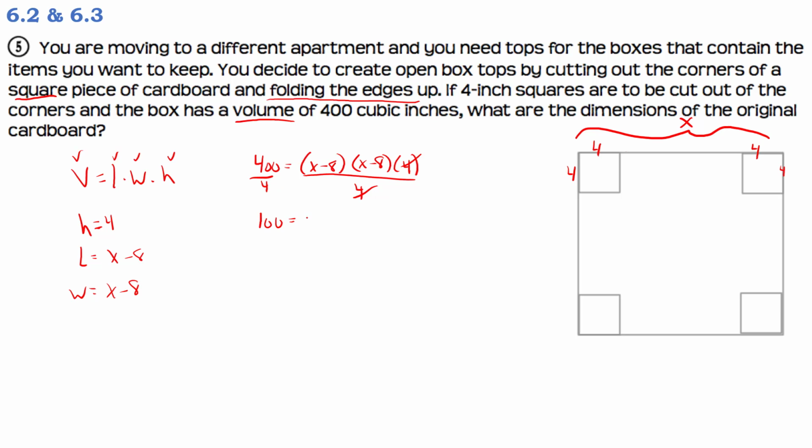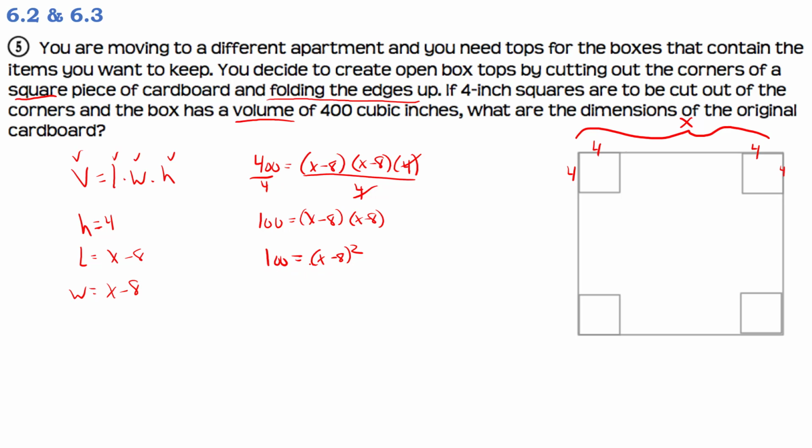And then we're left with x minus 8 times x minus 8. So now, since these are both the same, we can simply say we have 100 equals x minus 8 squared.